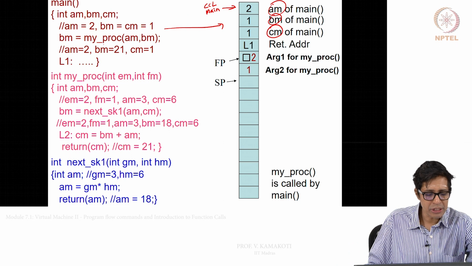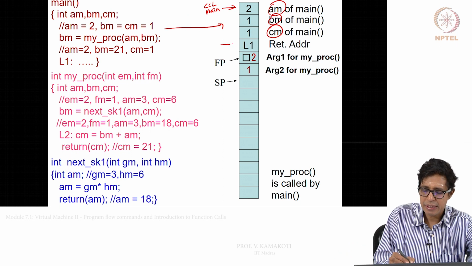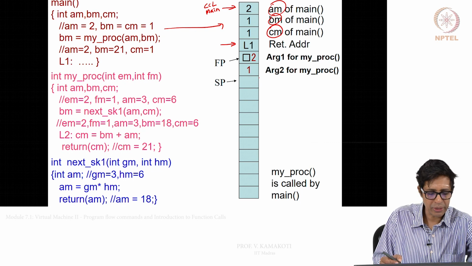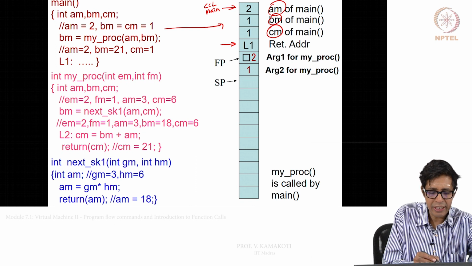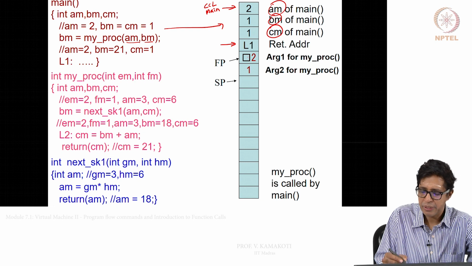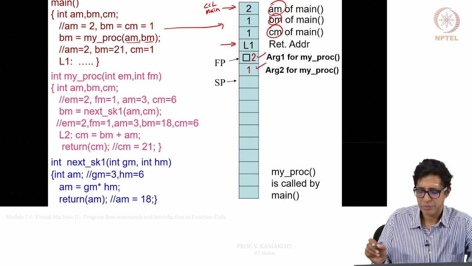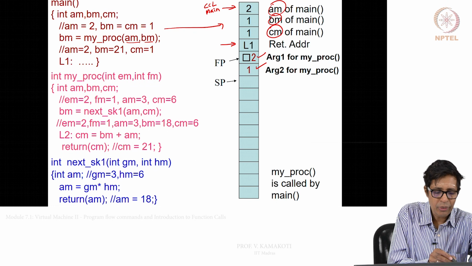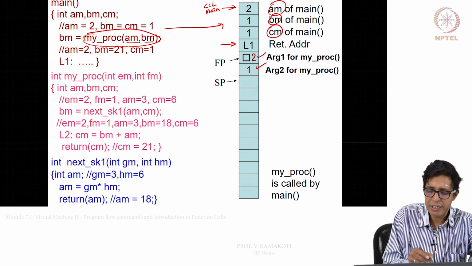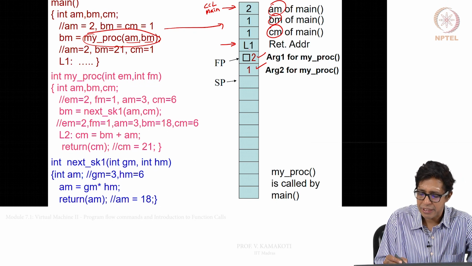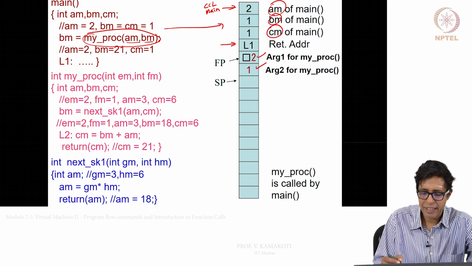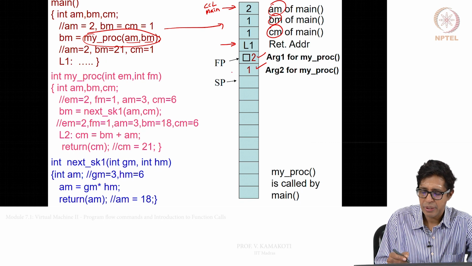Now when main calls myproc, there is a return address and then it puts in certain arguments for this. So what are the arguments? So it is basically passing AM and BM, where AM is 2 and BM is 1, so it passes on 2 and 1, right. So when this call is executing, it stores the return address on the stack and then it passes the arguments 2 and 1, right.